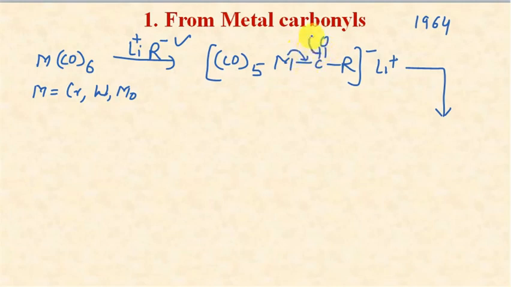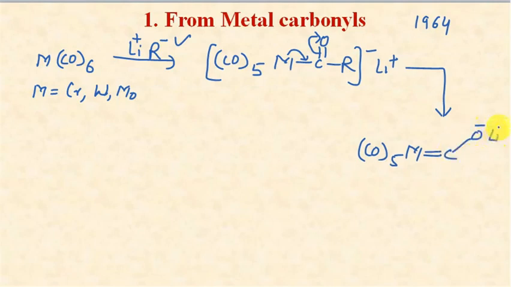This electron density is shifted to the oxygen atom, creating a negative charge on oxygen. So the final outcome of this rearrangement is M double bonded to carbon, with O negative Li positive, and this is the R substituent. These R substituents generally are pi donor in nature.